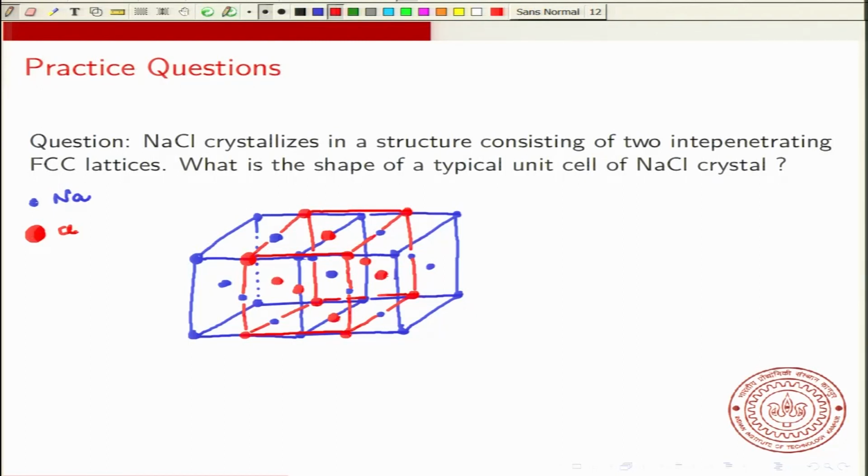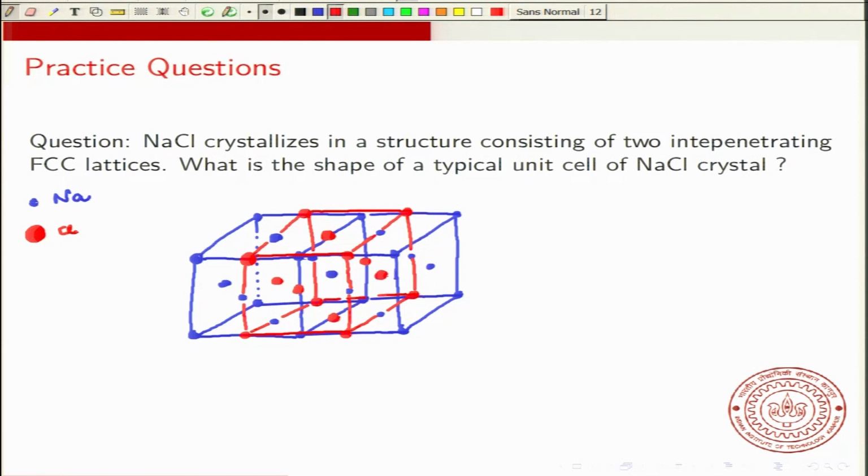So, you can see that the chloride ions have also formed an FCC. Both sodium and chloride are FCC and they are interpenetrating with each other. So, this is what your sodium chloride crystal looks like.